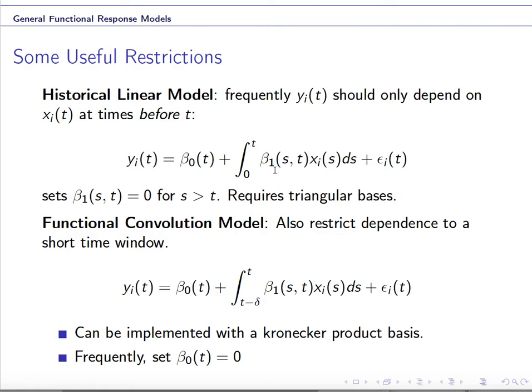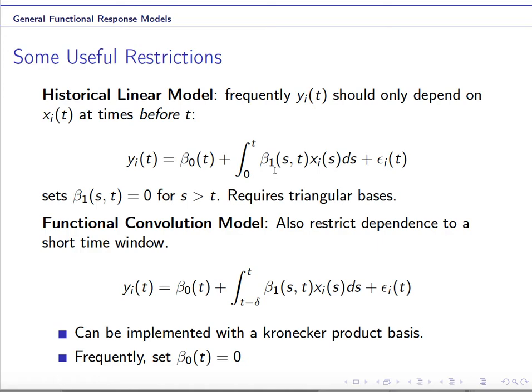So if you draw a picture of beta(s,t), with t on one axis and s on the other, and suppose the color represents the value of beta(s,t), then beta(s,t) will only be nonzero when s is less than t, right?